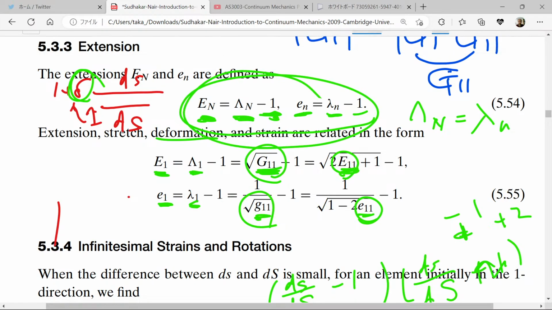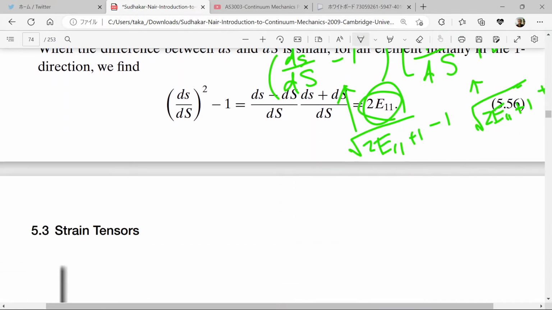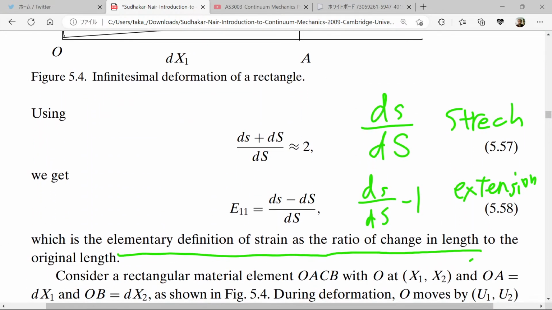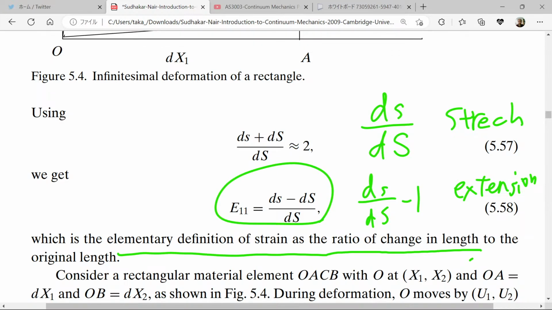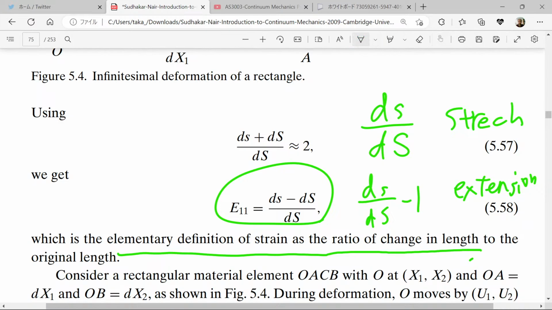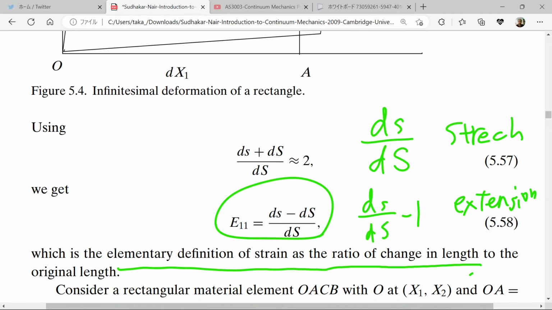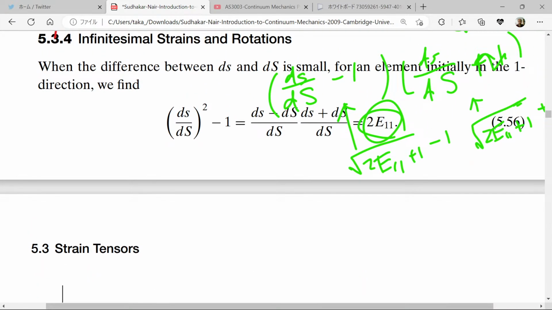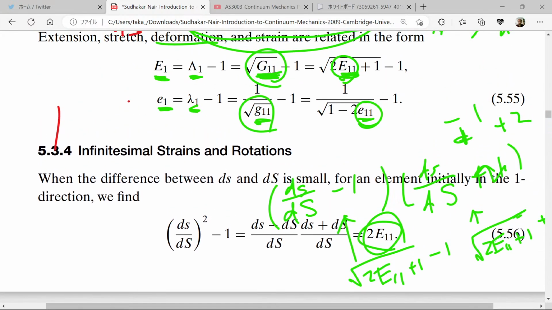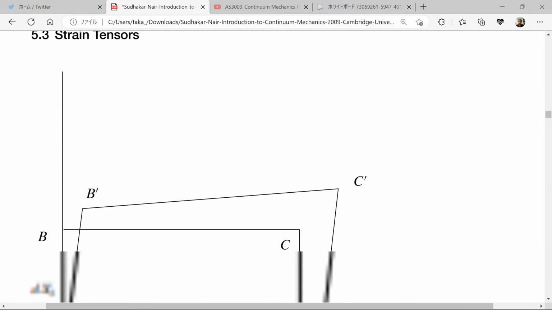Here, this is extension. I got confused.